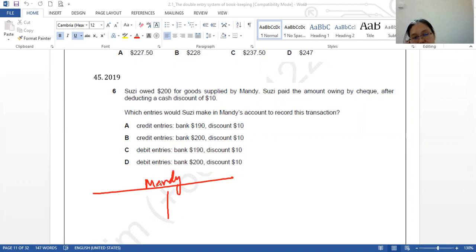So in Susie's Mandy account, Susie owed 200, so your balance brought down is here. Susie paid by cheque, 190 and 10. So it would record this transaction as a debit entry: bank and discount, $10.